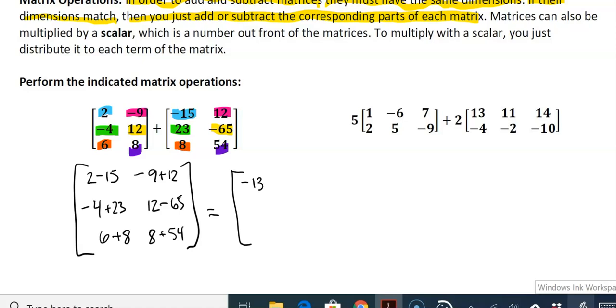Negative 9 plus 12 would be 3. Negative 4 plus 23 would be 19, and 12 minus 65 would be negative 53. 6 plus 8 would be 14.